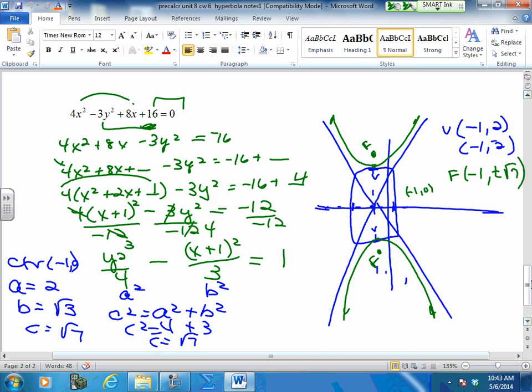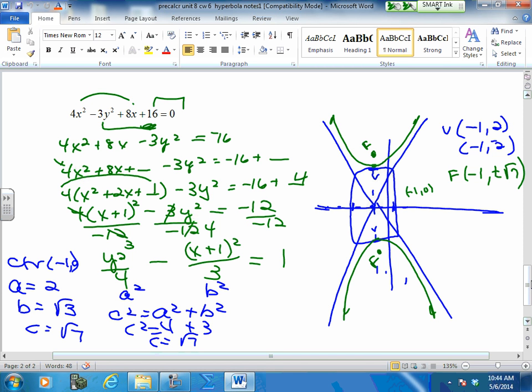How do you know it's going vertical? My foci has to be inside of here. That's how you know. So your vertices and your foci stay on your major axis. Your major axis is the guy that comes first. We call it a transverse axis in this, because that's where they transverse off of. You technically only have one axis. That's why we don't say major, because there's no minor.